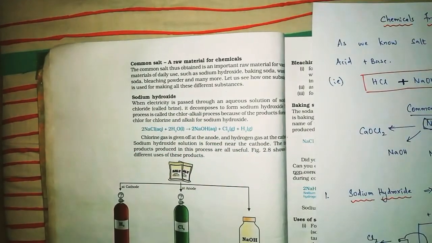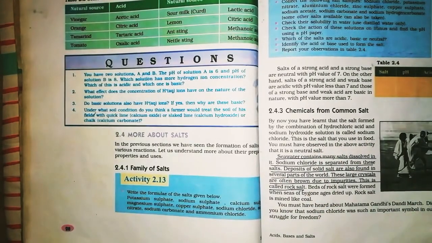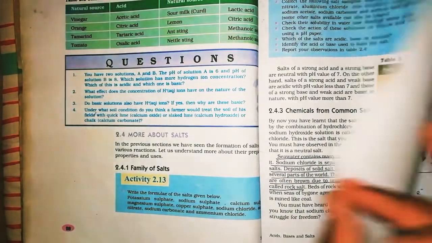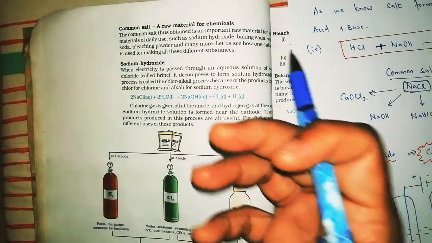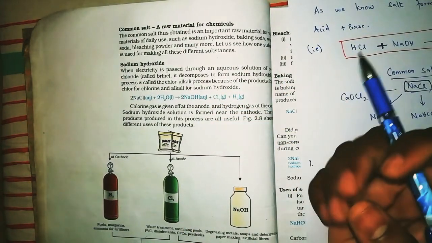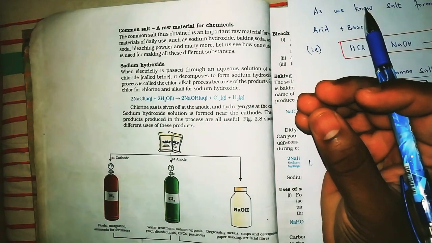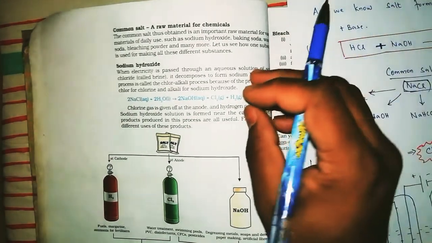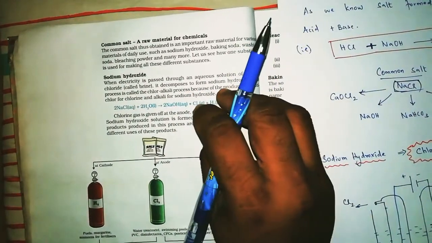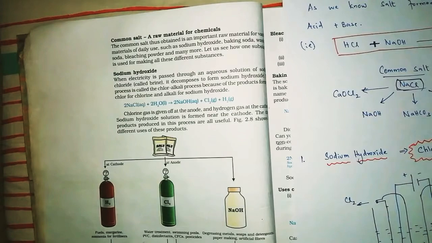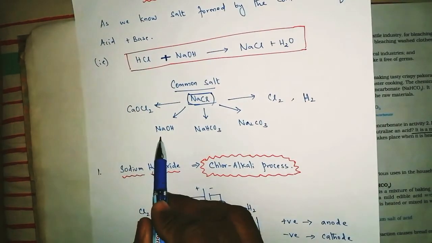As we know how common salt is extracted, from the crude salt they do lots of processes, and then common salt is extracted. Common salt is one of the biggest raw materials for many materials that we use in our home, for example, sodium hydroxide.